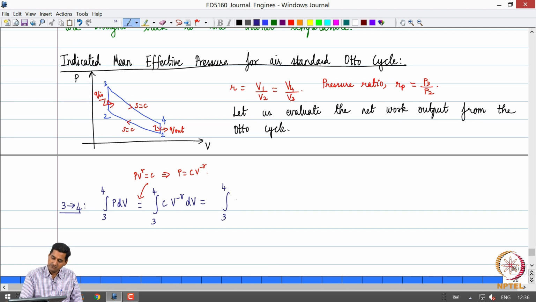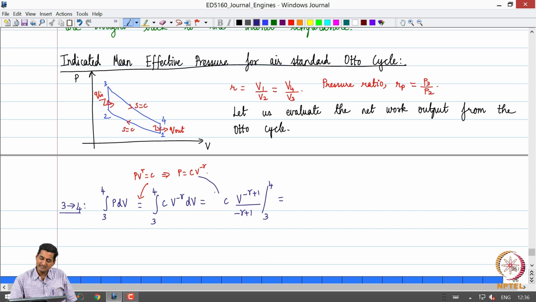If I substitute it here, I am going to get this. So, what will happen if I integrate? I will get C V^(-gamma+1) divided by (-gamma+1), going from 3 to 4, right. Before we evaluate, here once again I can substitute C equals PV^gamma.